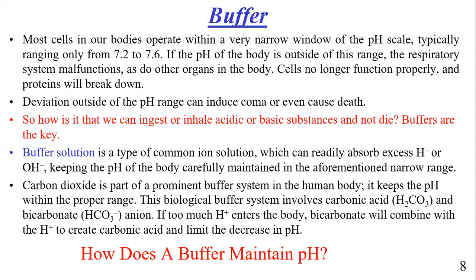And we're going to see exact calculations of how such neutralization takes place. And by doing this neutralization, that is how the buffer maintains its pH. Nonetheless, buffer systems are simple acid in the presence of its conjugate base, and therefore they are a form of common ion solution.